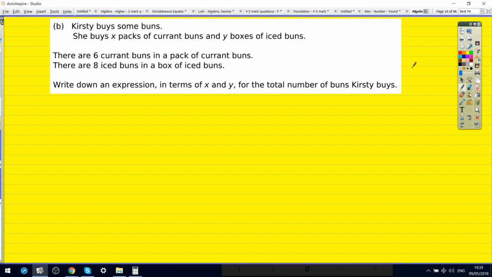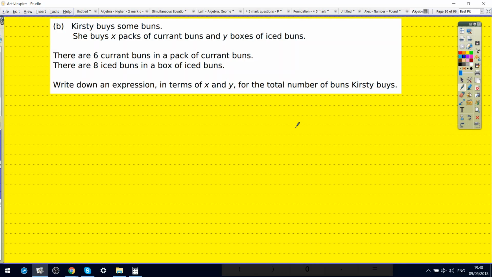Okay, any idea about this one? Casey buys some buns. She buys x packs of currant buns and y boxes of iced buns. There are 6 currant buns in a pack of currant buns and 8 in a box of iced buns.